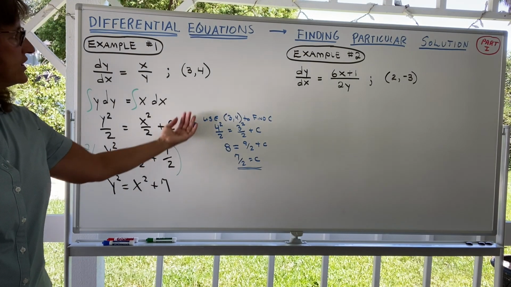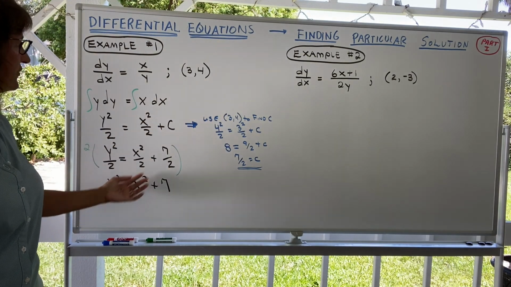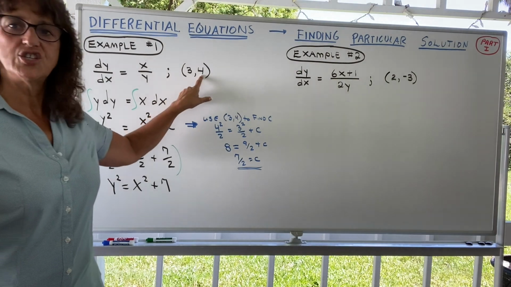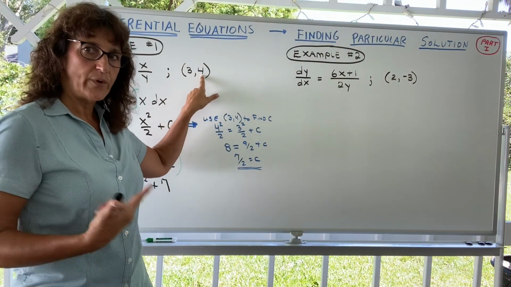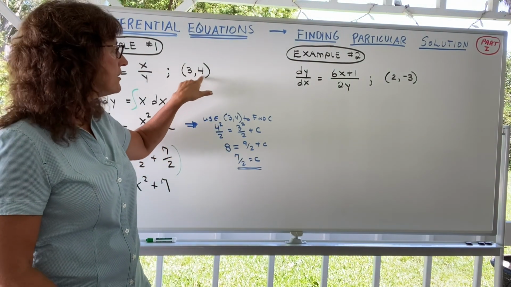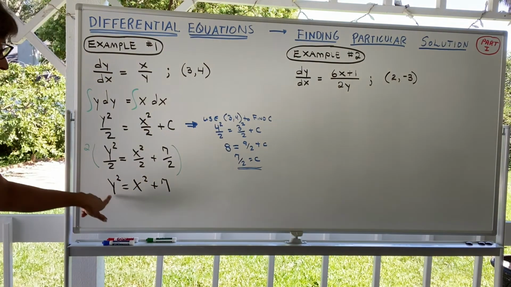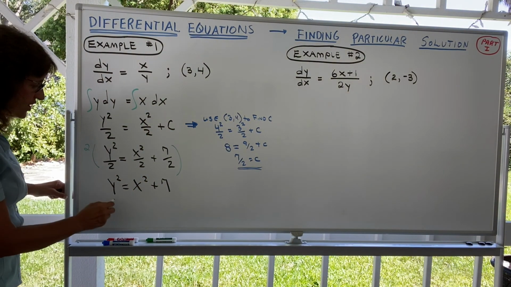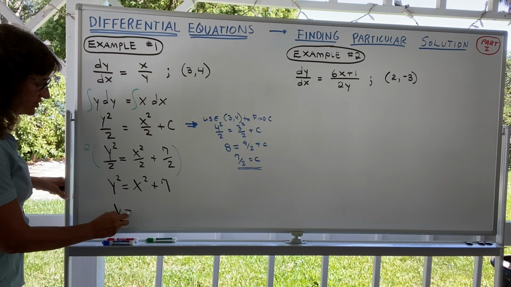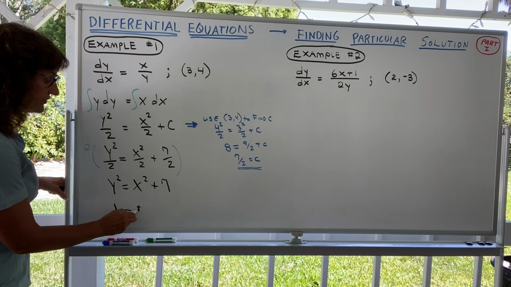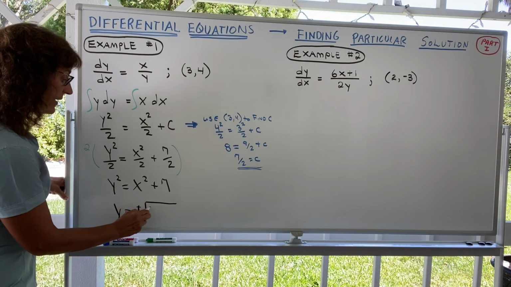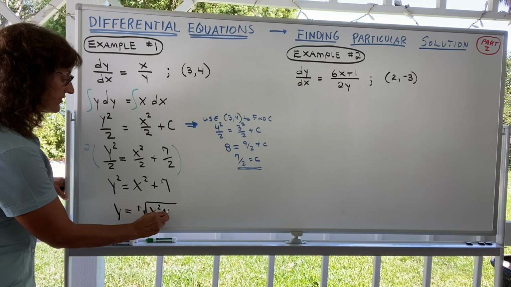Well, now you have to look at your initial condition, and notice that we need to generate a positive y coordinate with our function. So because the y coordinate is positive, when you take the square root of both sides, in function notation you're going to have the positive, not the plus and minus, of x squared plus 7.